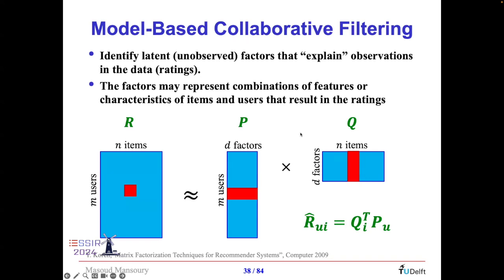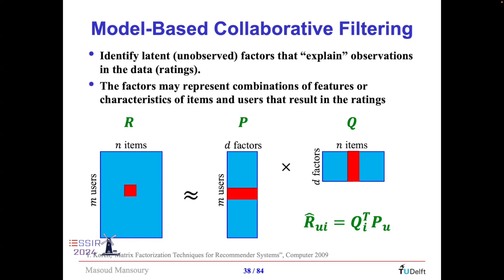The factors for a specific user, the vector, which is a kind of embedding for the user, represents the characteristics of the user. We have the same also for the items. For each item, this vector or embedding represents the characteristics of the item.